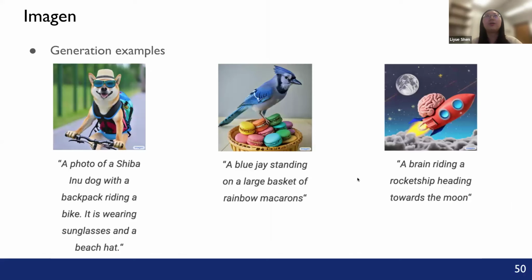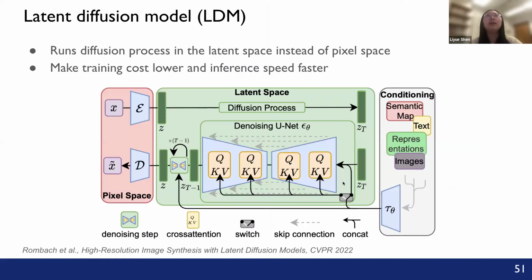It has also shown to be very effective in text-to-image generation, even with some pretty challenging sentences that may not be very common in real life, but it can still generate high-quality images with reasonable semantics.